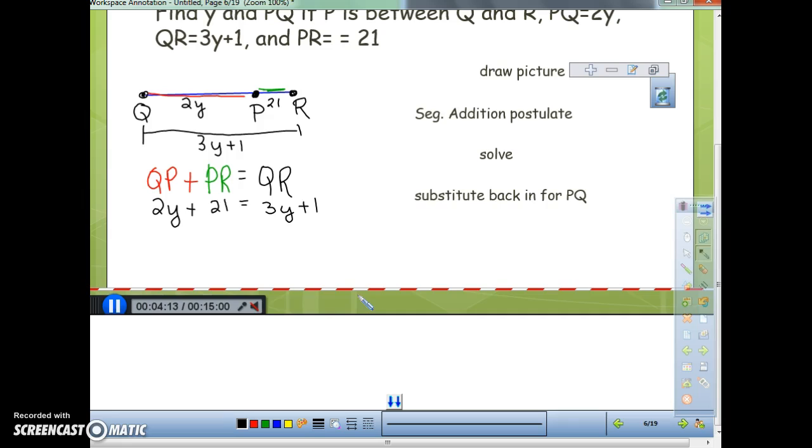How can we get all the y's to be on one side? Okay, and tell me your name again. Dustin. Okay. Very good. So this zeroes out. 21 equals y plus 1.